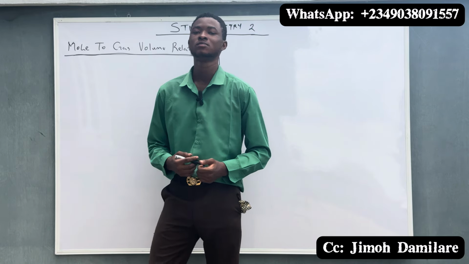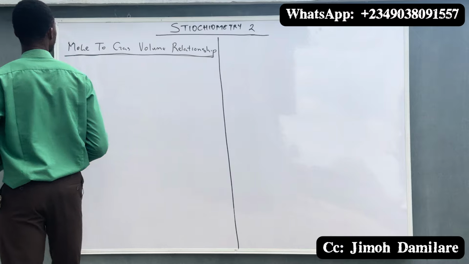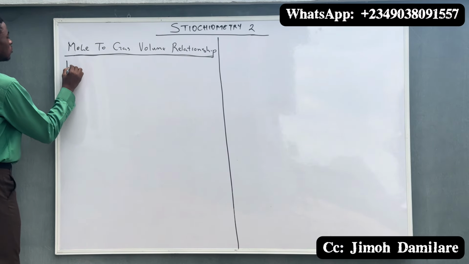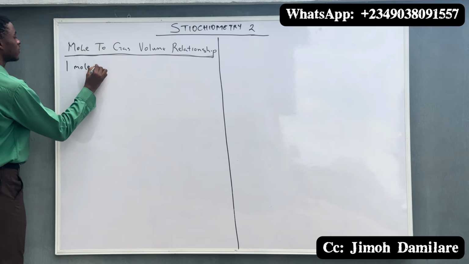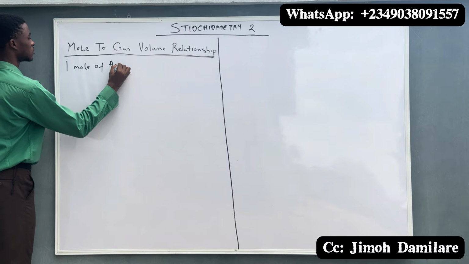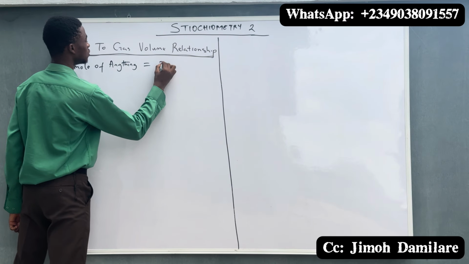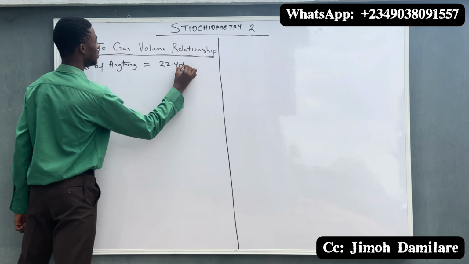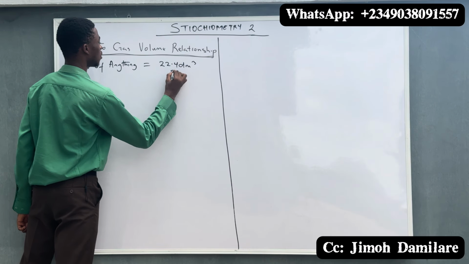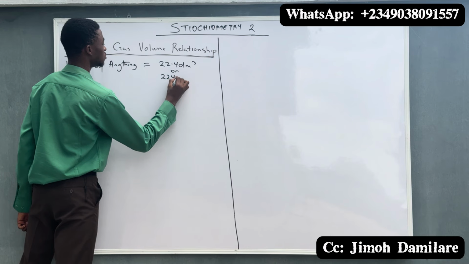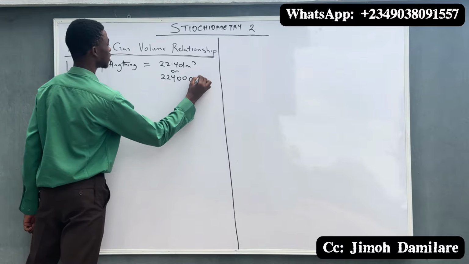Moving back to the mole to gas volume relationship, we know that 1 mole of any gas is equal to 22.4 dm cube or 22,400 centimeter cube.